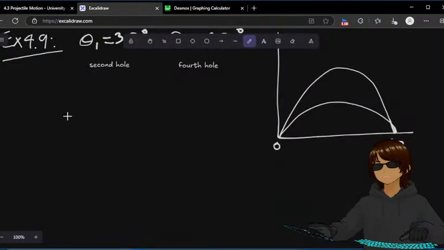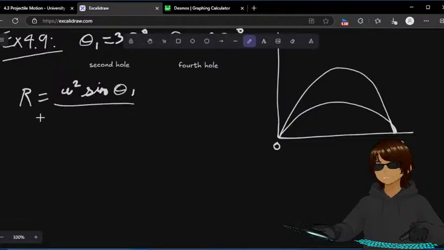90. So the range is u squared, the initial speed, theta. So the range will always be 90.